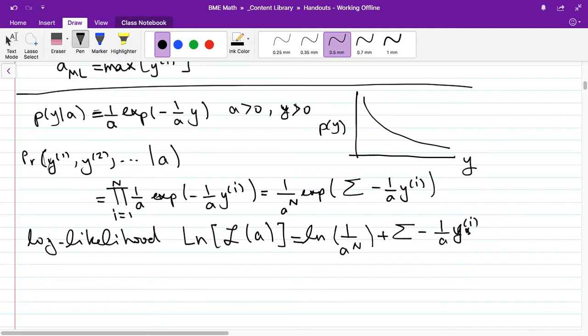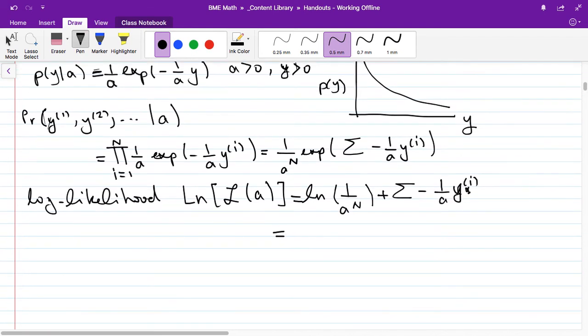So this first term, you have a log of something divided by something else, and that's going to become log of the first minus the log of the second.